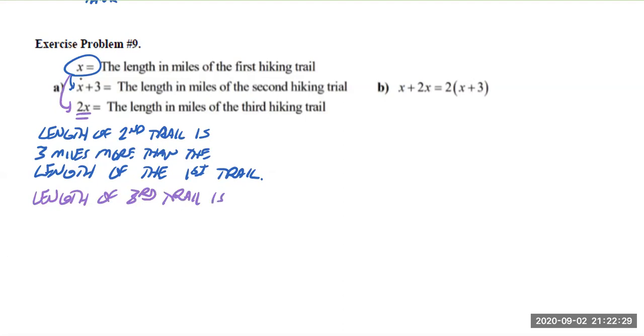It's 2 times the length of the first hiking trail, or we could say it's double or twice as long as the first trail. So these are how these quantities are directly related to each other. And as long as I know what X is, I can interpret how that is relating to the other quantities.